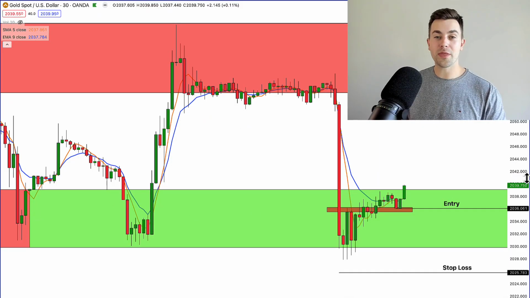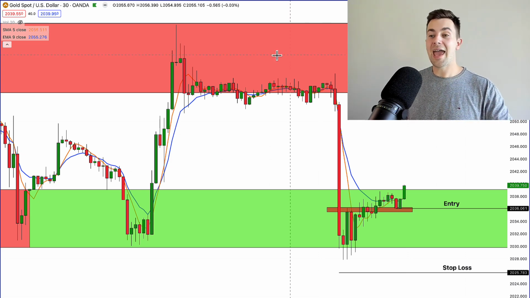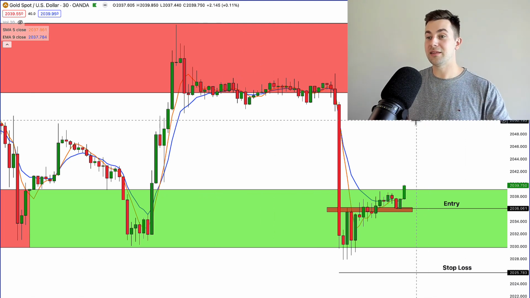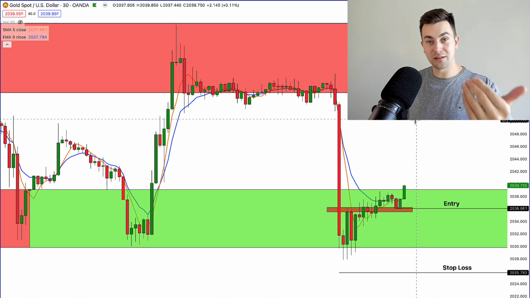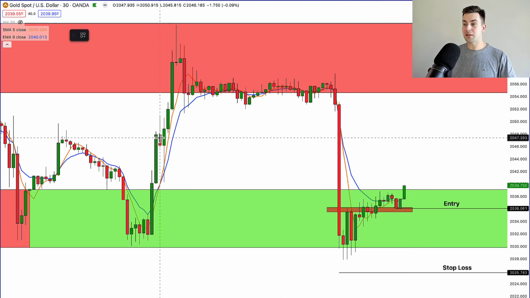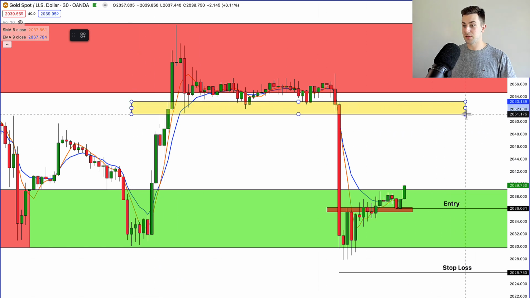And only one thing is missing now, the take profit level. When you're looking for a take profit level for a day trade, analyze the structures on the 30 minutes time frame and identify the closest strong resistance if you're buying. You can see that our closest strong resistance is right here.